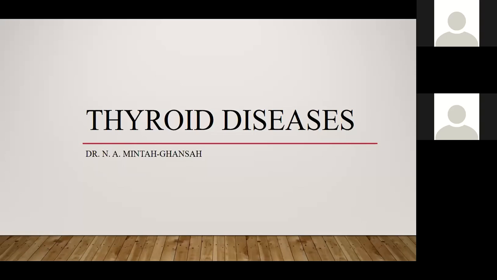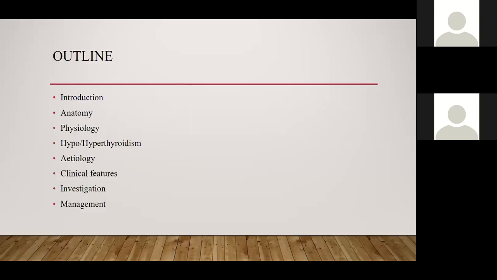So we'll be looking at conditions where you have excess production of thyroid hormones, and also conditions where you have diminished production of thyroid hormones. And so that's the outline. So we'll just take a look at it, and then hopefully we should be able to discuss the most.